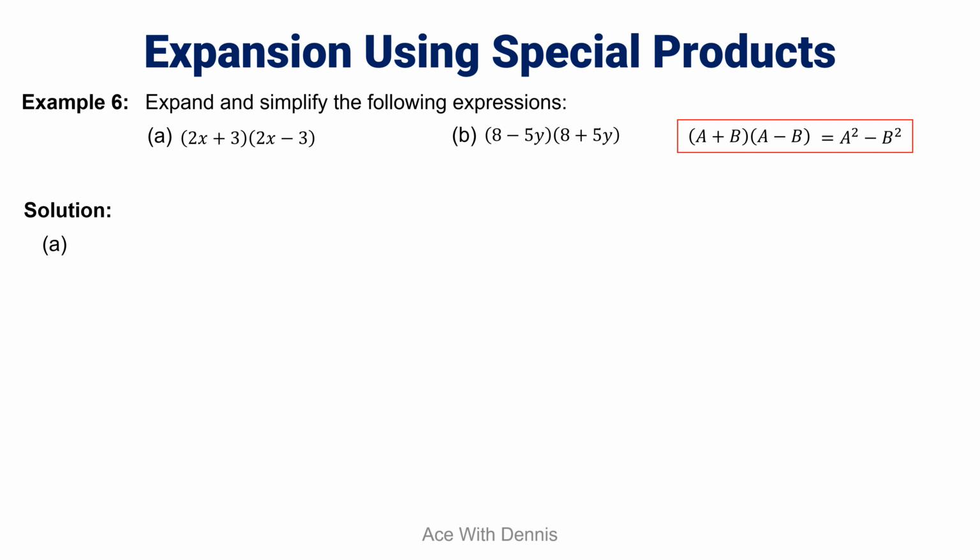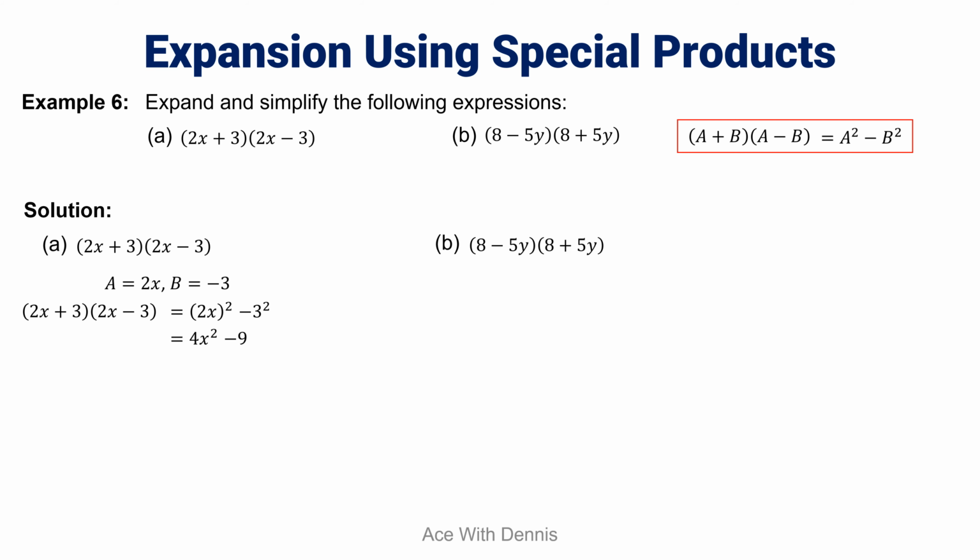So here's the solution. For a, 2x plus 3 times 2x minus 3. So we identify the a as 2x and the b as 3. Hence, 2x plus 3 times 2x minus 3 equals 2x squared minus 3 squared, which is 4x squared minus 9.